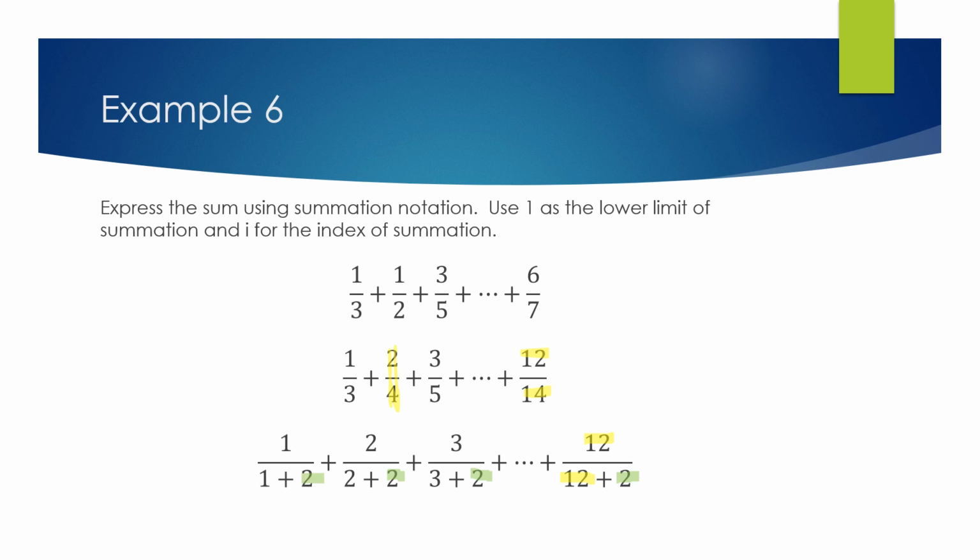So how would we write that? That's going to be the summation. We're starting with i equals 1, and we go to 12. i over i plus 2.